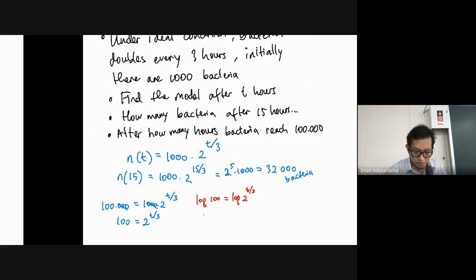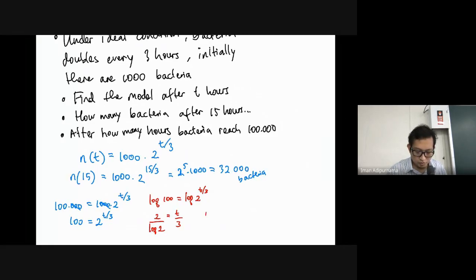Log 100 is just 2, and let me divide by log 2, and then t will be 6 divided by log 2. Okay. If you are solving this in the exam, just stop here. Do not compute log. Do not use calculator. I forbid it. Okay. So just stop here, and that will be perfect.